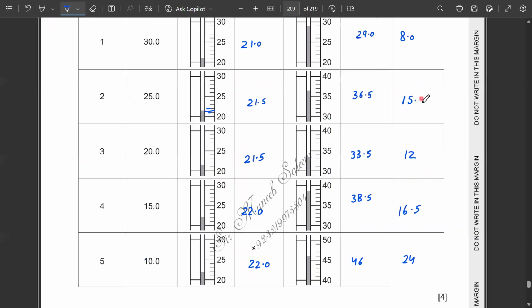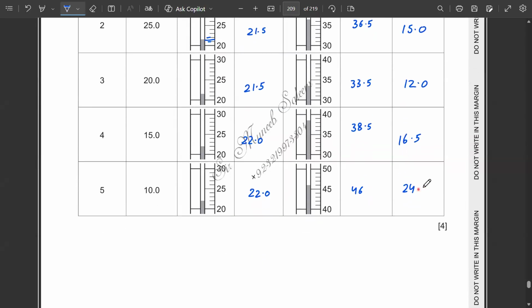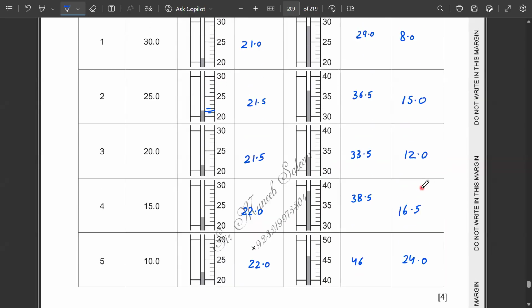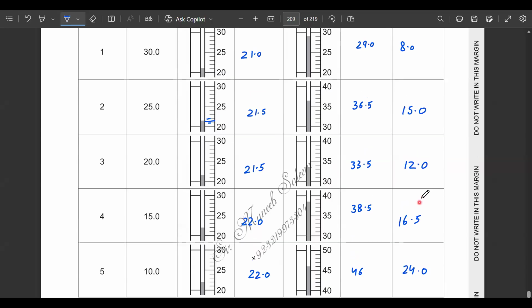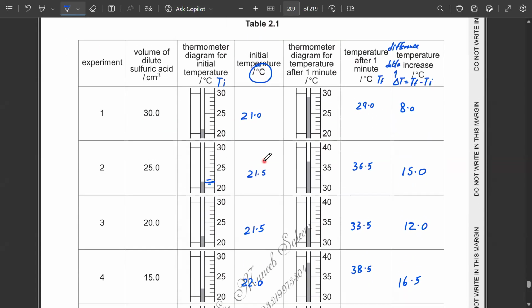We need to put zeros as well along with the values which are whole numbers. Say 24.0. If you forget to put a decimal point, you will lose a mark. Even 1 mark can be lost if you do not put a single decimal point after the values.